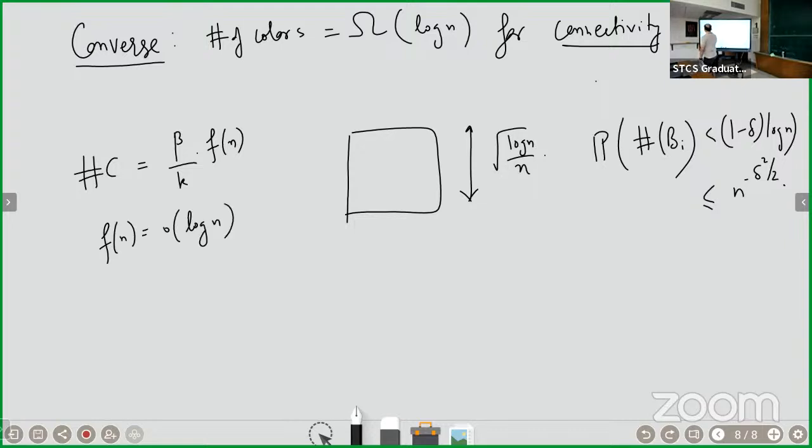Beta is the SINR threshold, kappa is the noise. The number of colors is still little o of log n. So given that the number of points lying inside is roughly (1 minus delta) log n and the number of colors is only so much, how many points are using the same color?